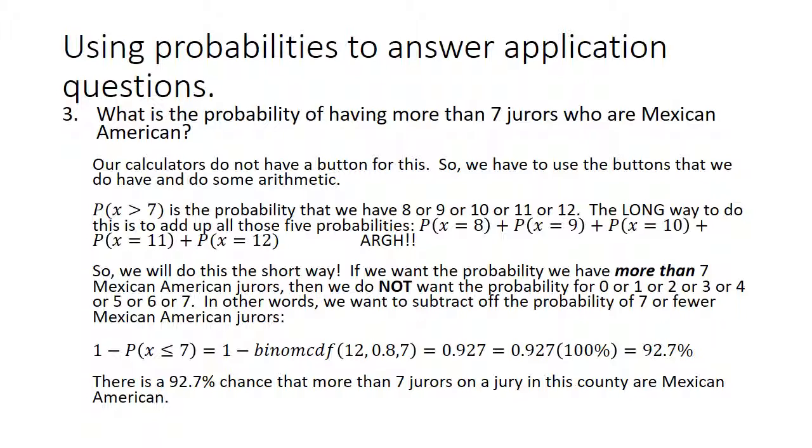And we find out that the probability that you have more than 7 Mexican American jurors in a county where the population is 80% Mexican American is 0.927. Multiply by 100% and you get a 92.7% chance that you have more than 7 jurors on a jury in this county. 92.7% chance that you have 8 Mexican American or 9 or 10 or 11 or 12 Mexican American jurors in this county.